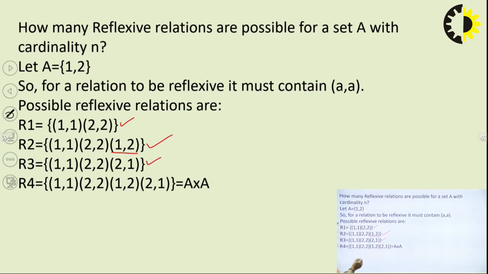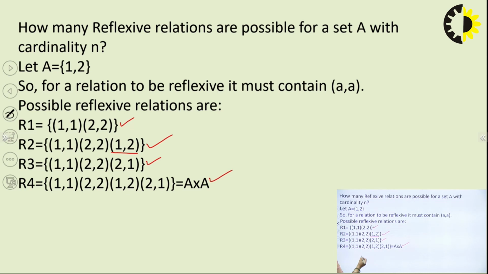Now coming to the relation R4, I have added both the elements, that is 1, 2 and 2, 1 other than the diagonal pairs. So this is again reflexive and this is nothing but actually A cross A. So if I have these 2 elements, how many reflexive relations are possible? A total of 4 reflexive relations are possible.